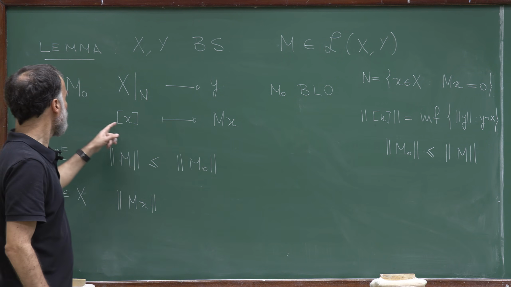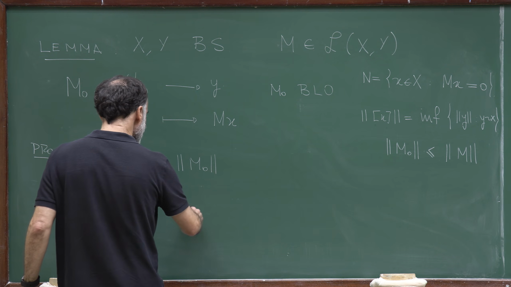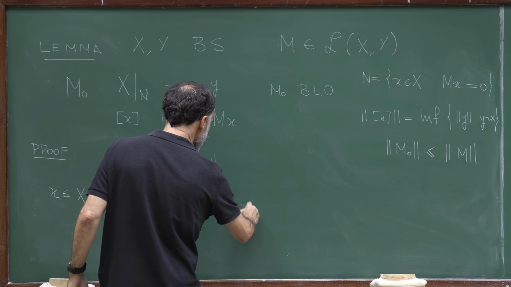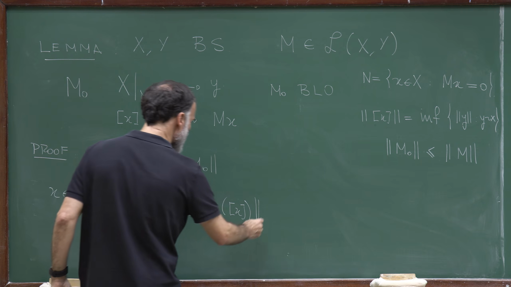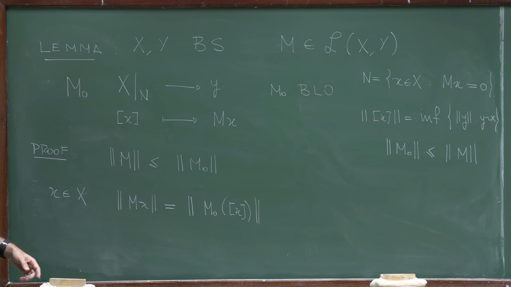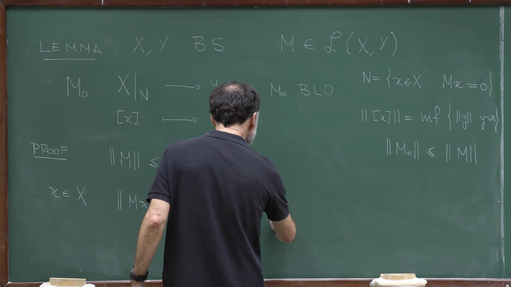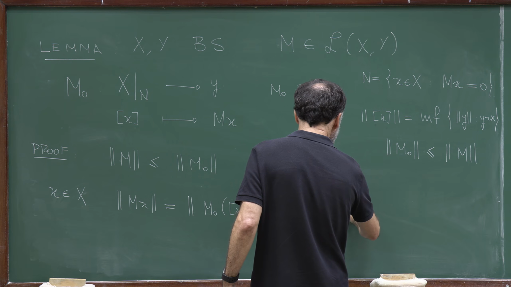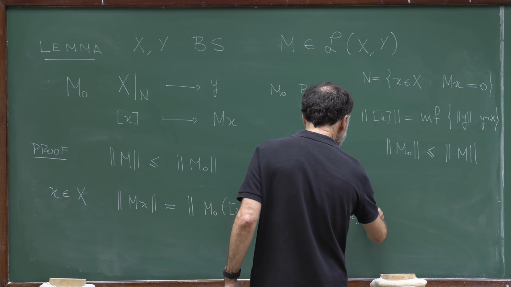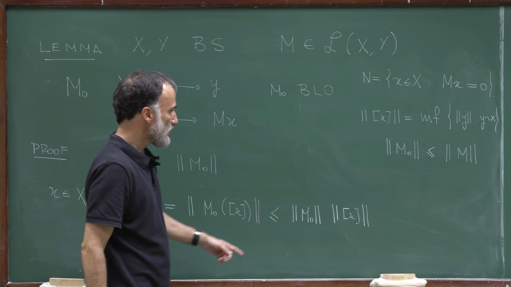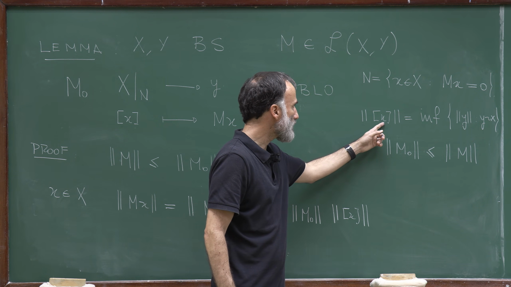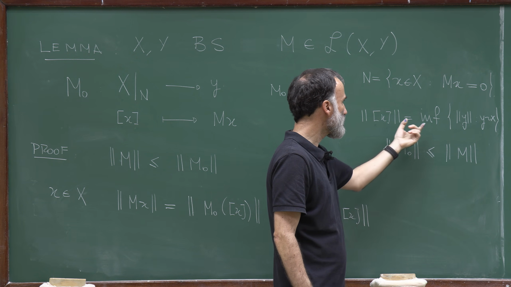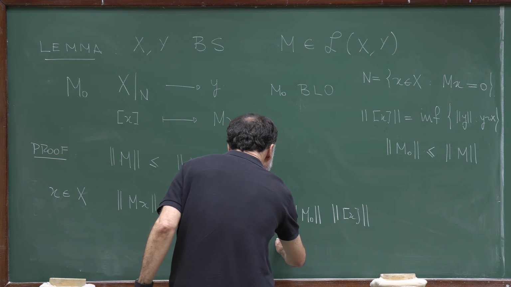Well, by definition of M0, this is equal to the norm of M0 applied to the equivalence class of x. And since M0 is a bounded linear operator, this is bounded by the norm of M0 times the norm of the equivalence class of x. And since the norm of the equivalence class of x is given by an infimum, it is bounded by the norm of x.